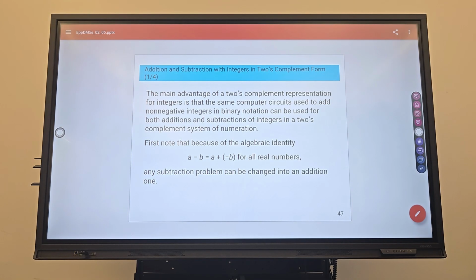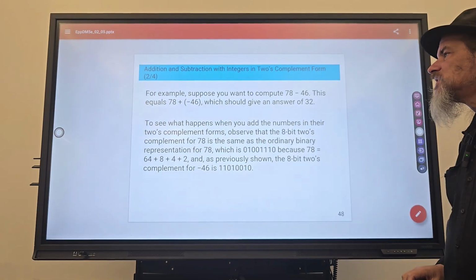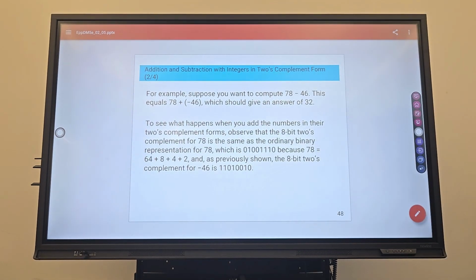First, note that a minus b is equal to a plus negative b for all real numbers. Any subtraction problem can then be changed to an addition one. For example, suppose we want to compute 78 minus 46. This equals 78 plus negative 46, which should give us the answer of 32.